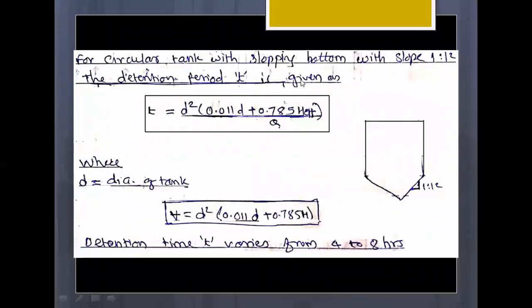For the circular tank with the sloping bottom, now here, if the hopper is there, the bottom is of hopper shape like this. In that case, what will be the formula? This is the formula. I think you have written this formula also in your study lecture. Have you written this one or not? Yes, sir. Okay. So this is the volume of this circular sedimentation tank, and if you divide it by discharge Q, then we get the detention time for this.